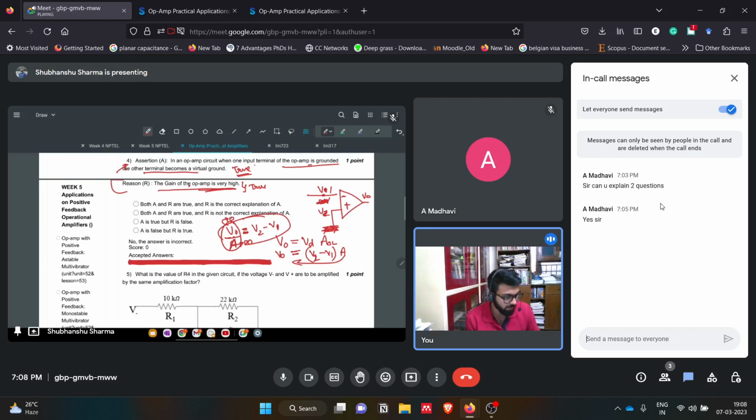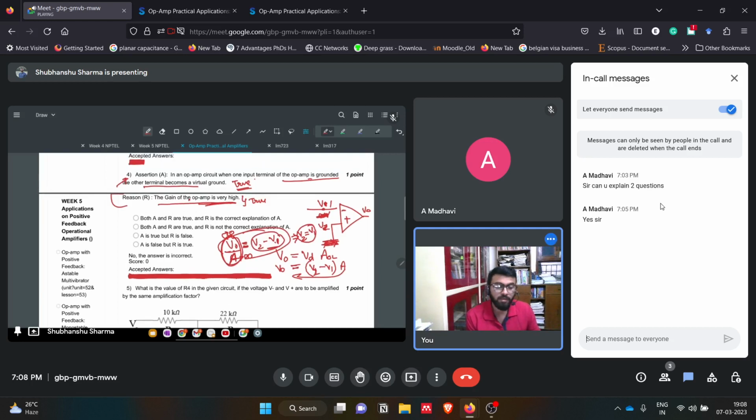Because this becomes 0, the equation becomes V2 equals V1. So if the open loop gain of the op amp is very high, we can see the virtual short concept in that op amp.